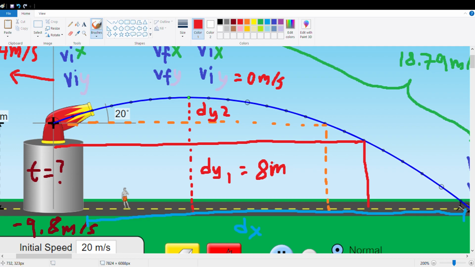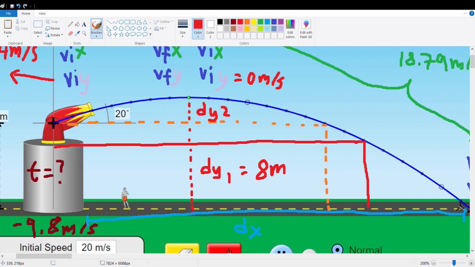Now there are a few ways to answer this or to find time, but there's a long way or a supposed shortcut where you can just split this into two parts, like what I did here.